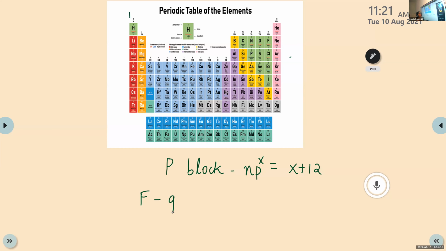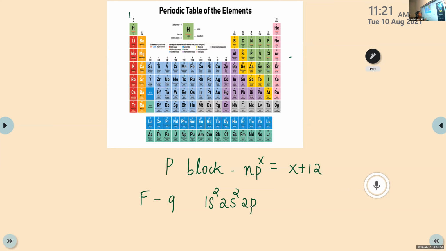Okay, tell me the electronic configuration. 1s2, then 2s2, then 2p.